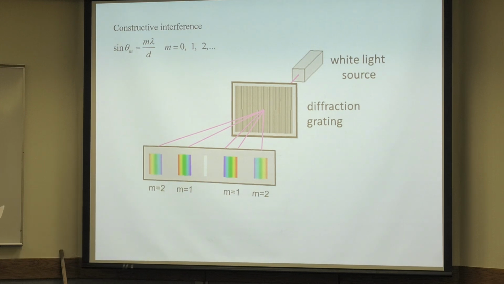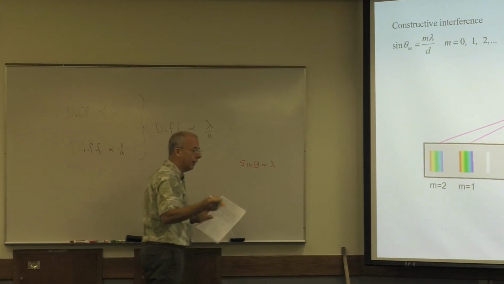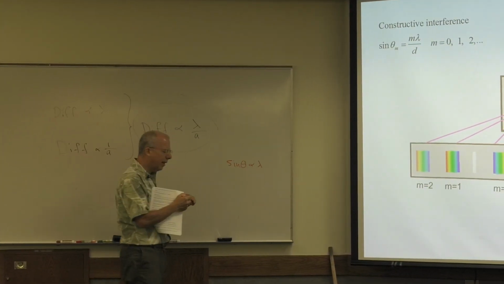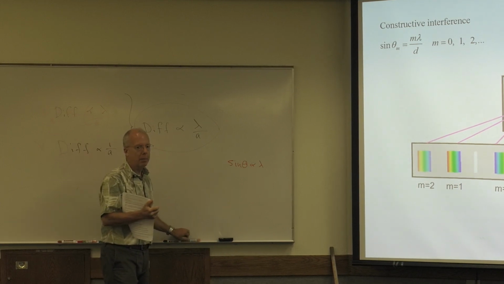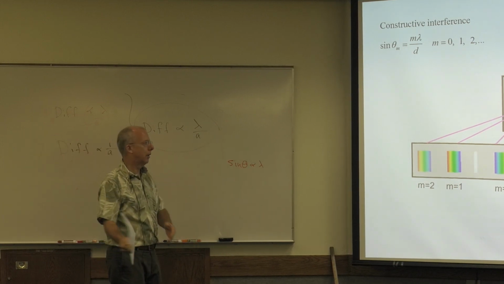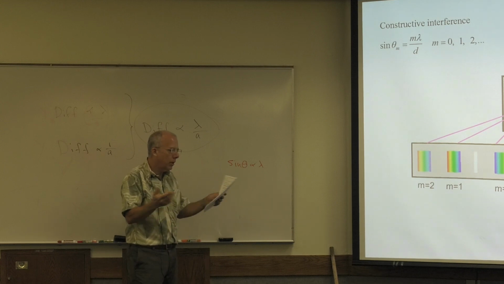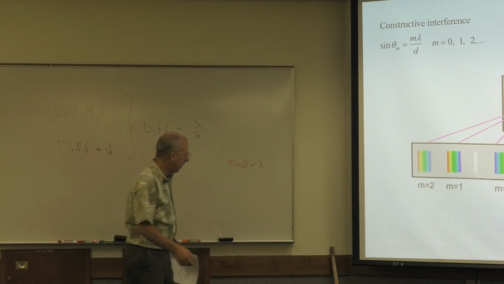All right. So look at the equation. The equation says that sine theta is proportional to the wavelength, right? Well, what's white light? White light is a mixture of all the different colors. And what's the difference between one color and another color? The wavelength.